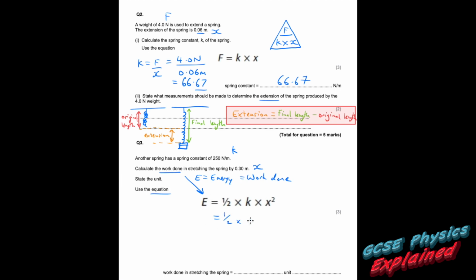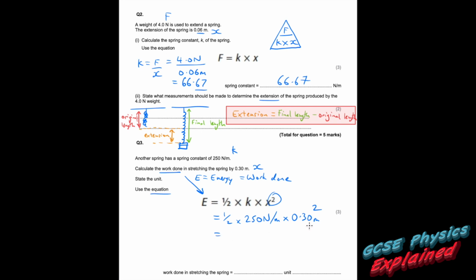A half times by k was 250 newtons per metre. Now let's just make sure, have they gave us the extension in metres? Yes. So they might have gave us it in centimetres, in which case you would have to remember to convert it. Now remember, that needs to be squared. So you do the squared bit first.